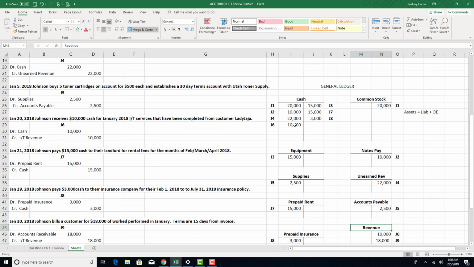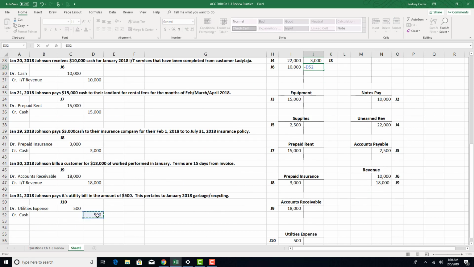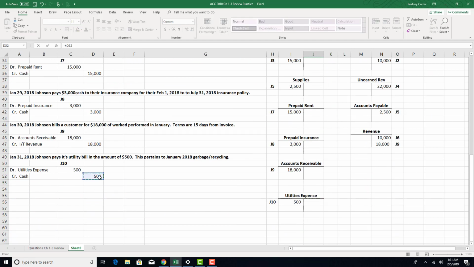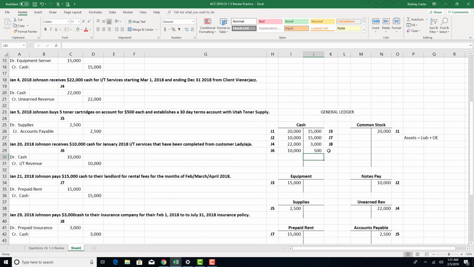And then of course I need to deduct cash of $500. And I'm pretty sure I've balanced this out. Oh, whoops. I just need to do plus $500 here because it's on the credit side. So this is J10.